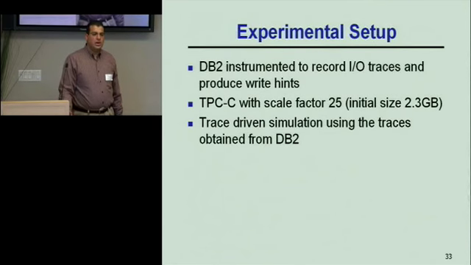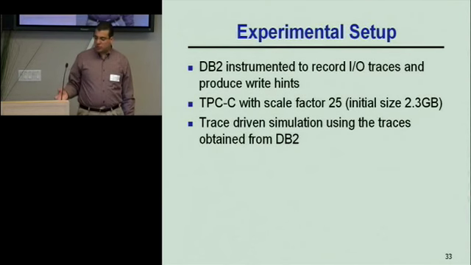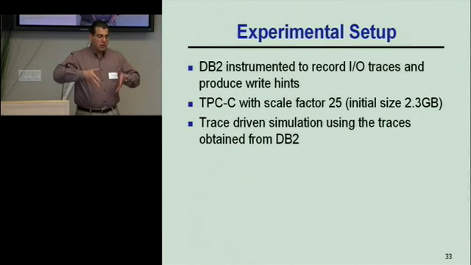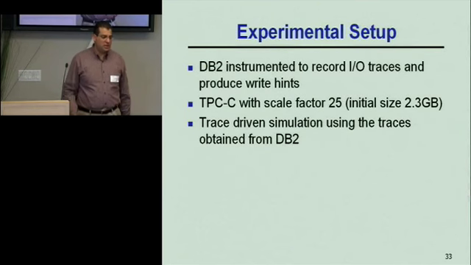So to test this, we instrumented DB2 to record I/O traces and tag these traces with write hints. Okay? And here we're using the TPCC benchmark with a scale factor of 25. So we start with a 2.3 gigabyte database, and because of the nature of TPCC, the database grows as the benchmark runs.